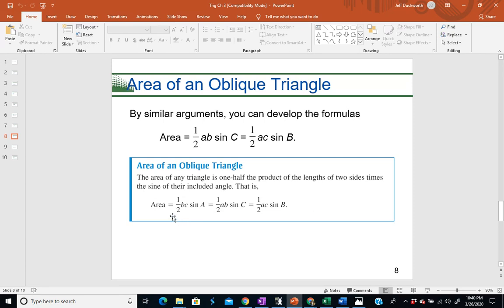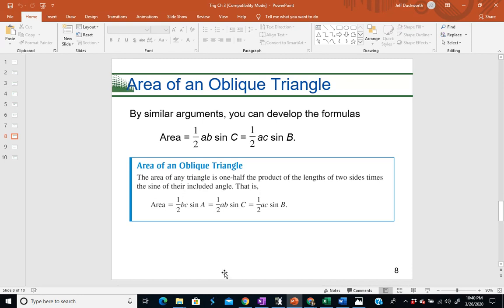All right, so if we have an angle and the other 2 sides, basically you're going to get one angle and the other 2 sides in order to solve this. So as long as you have that, you can use this formula.